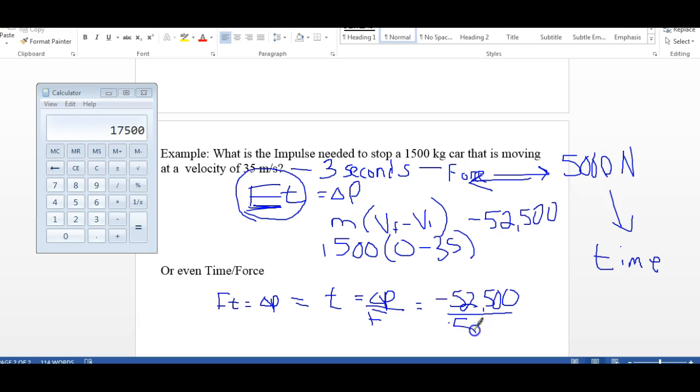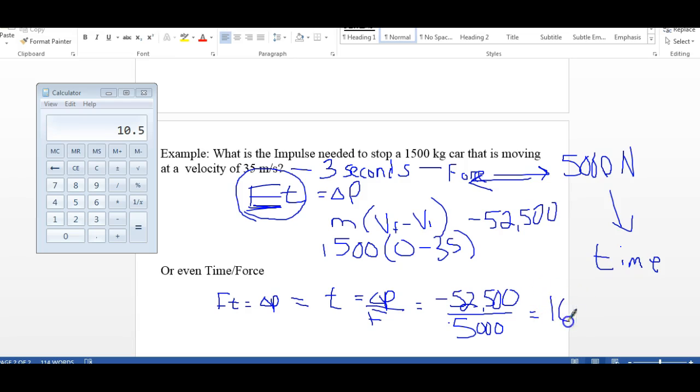Then we divide by 5,000. 52,500 divided by 5,000 is 10.5 seconds.